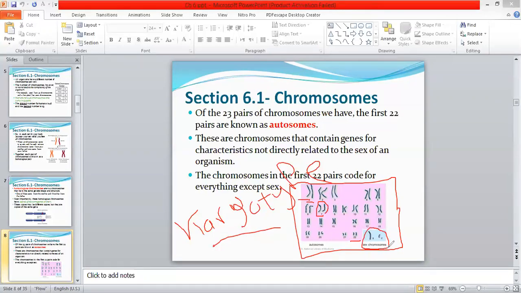The sex chromosome. From this karyotype, you can identify the kind of person from chromosome number 23. If the karyotype shows chromosome number 23 as XX, it refers to a female.